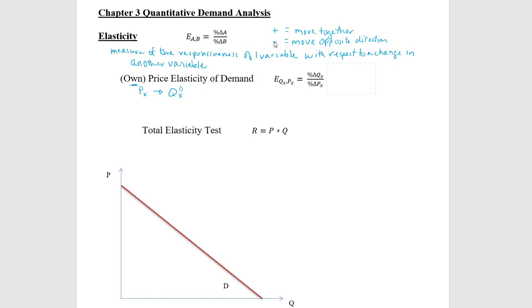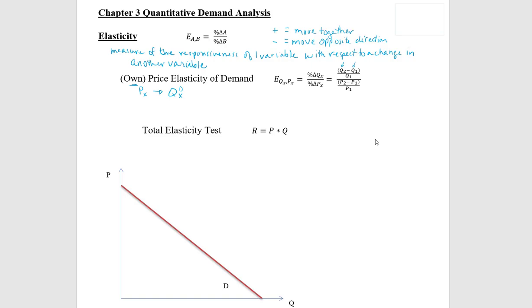I'm going to write this out a little bit differently for you just so that you can see what this formula would look like. So if we were going to calculate this and we had 2 points along the demand curve, we would do the second point where you end up minus where you start over where you start. That's going to give us the percent change in a proportion, not really a percent. We'd multiply it by 100 if we were talking about percent.